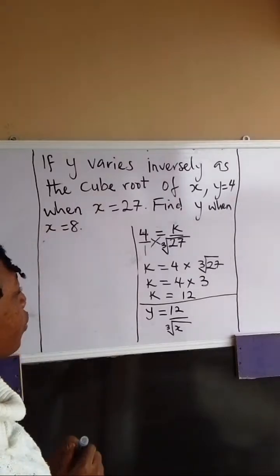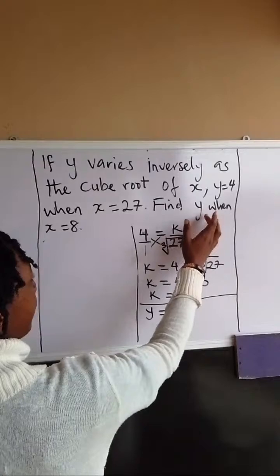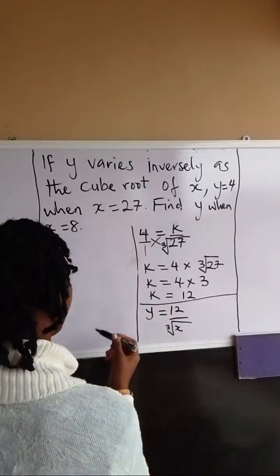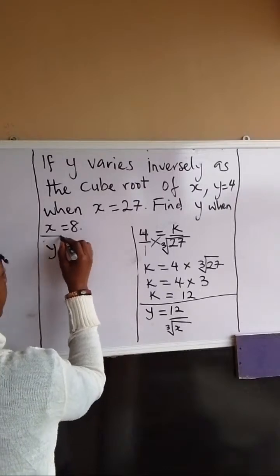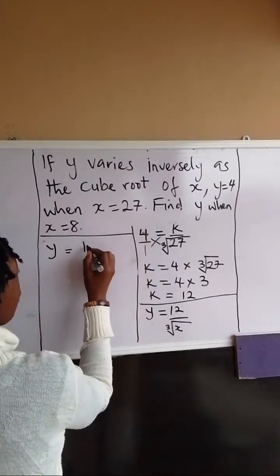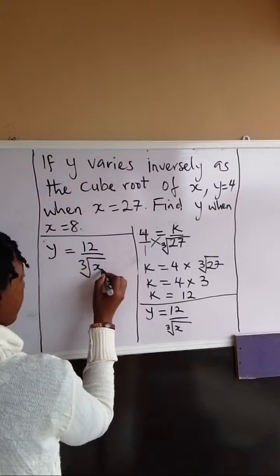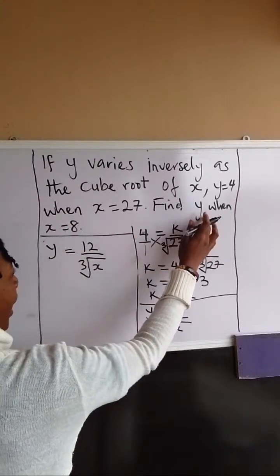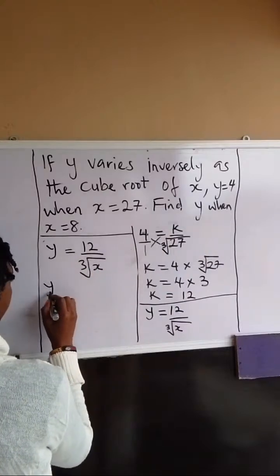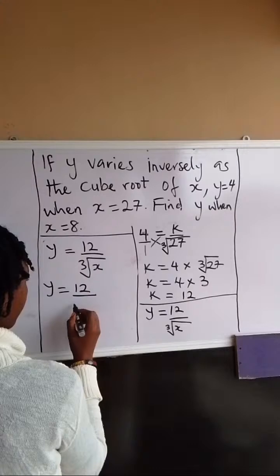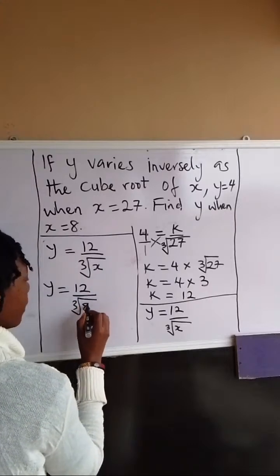So we're asked to look for the value of y when x is 8. So now, y equals 12 all over the cube root of x. Our y is not known, and we're asked to look for it. Our 12 is a constant, and the cube root of 8.